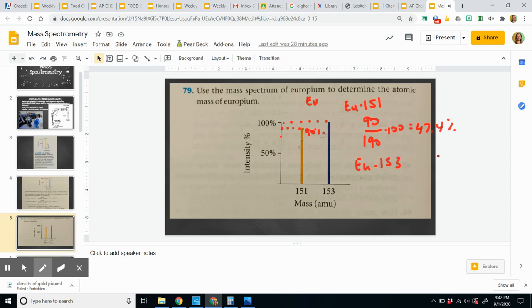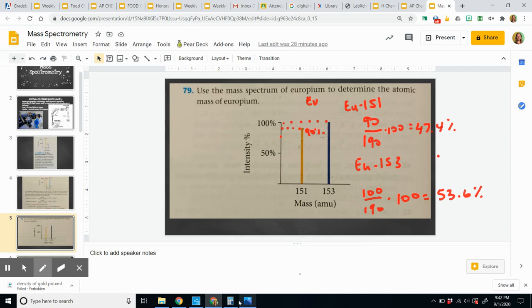And the europium 153 is going to be 100 over 190 times 100, which should equal the difference between that. So it should be 53.6% europium 153.